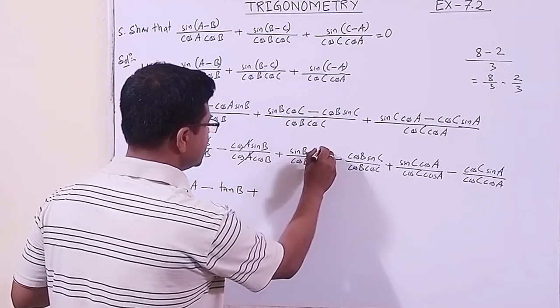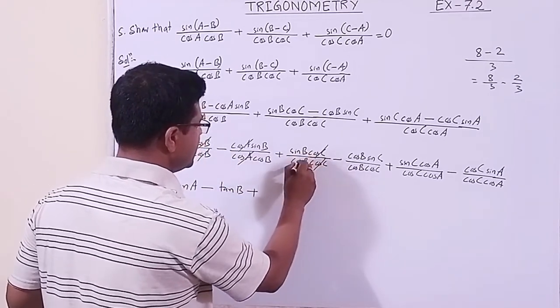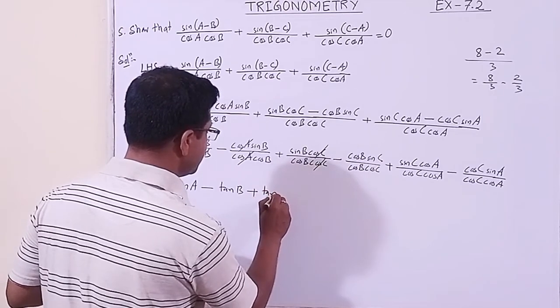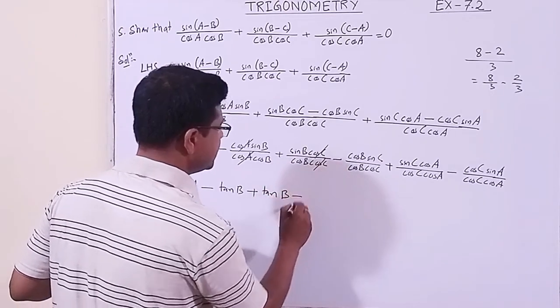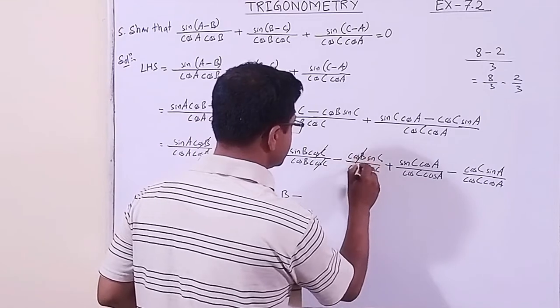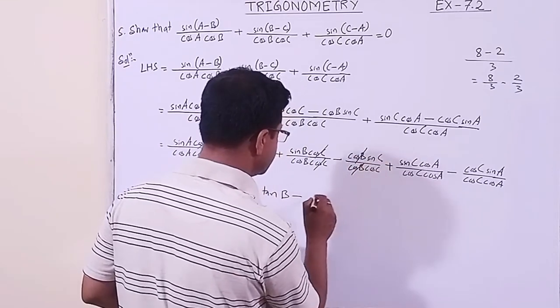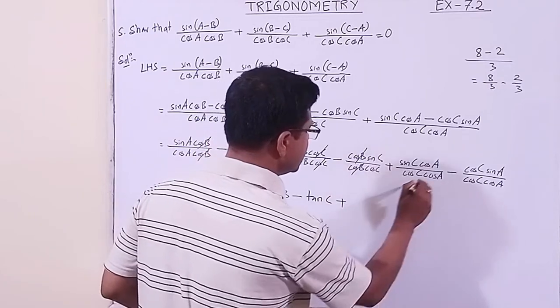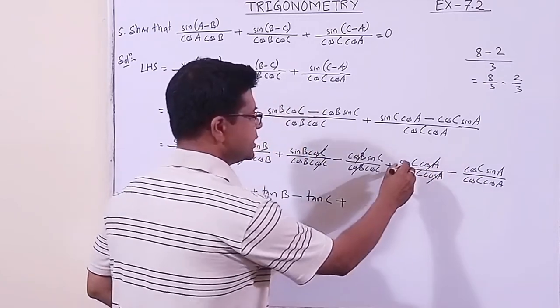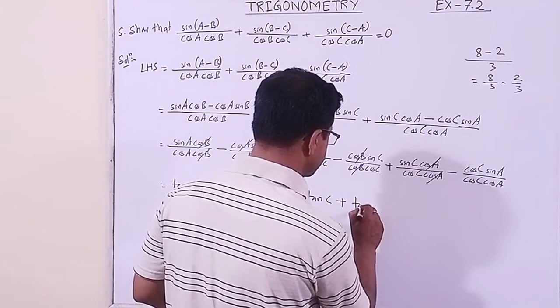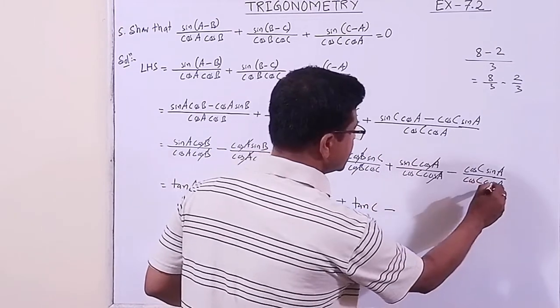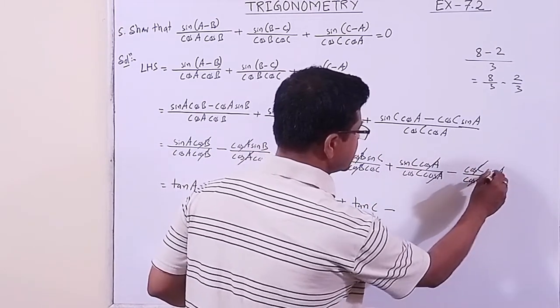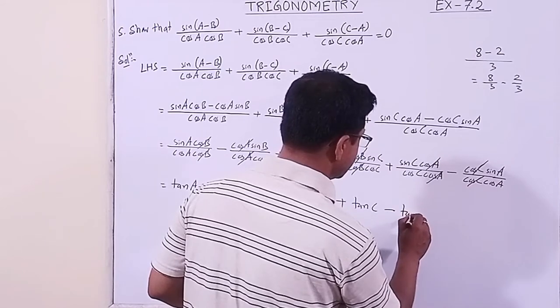Then cos c cancels, sin b by cos b is tan b, then minus, cos b cancels, sin c by cos c is tan c, plus, cos a cancels, sin c by cos c is tan c, minus, here cos c cancels, sin a by cos a is tan a.